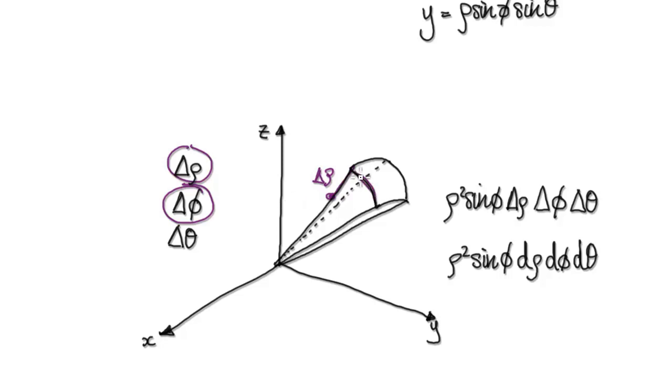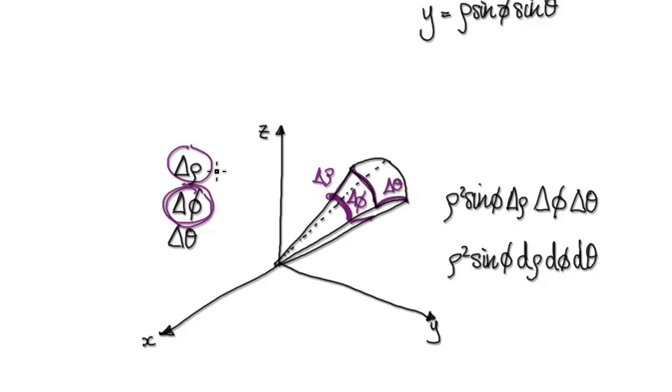So that's this angle here. This angle here, I hope you can see, is your delta phi, which is this bit here. And then remember, this angle here is your theta, so this is your delta theta.